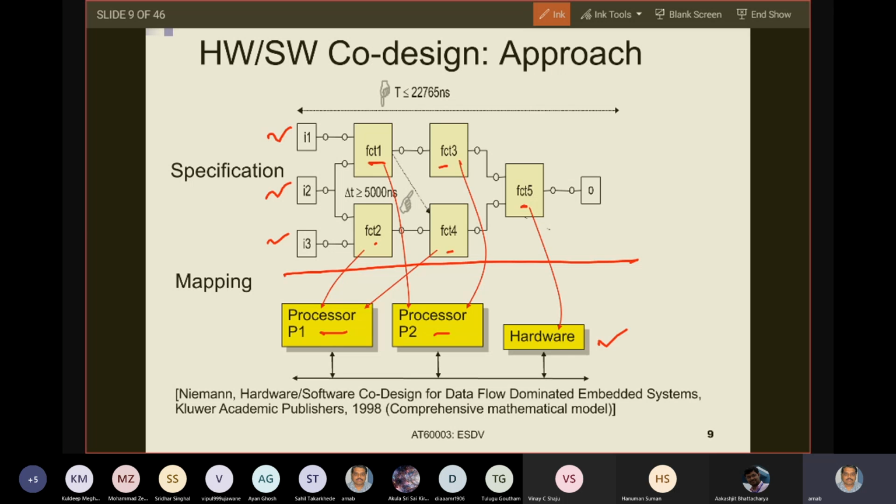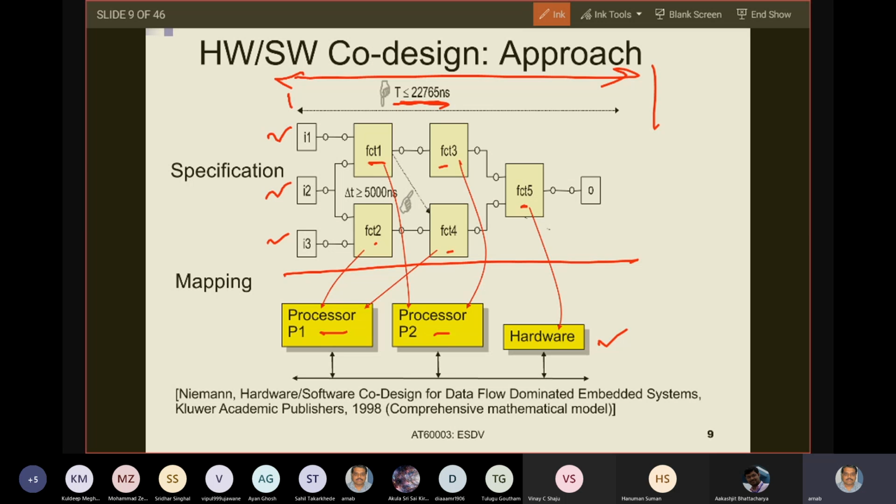The specification for this mapping also gives you certain other things. The requirement, for example, that this function must complete execution end-to-end. For this function, this constraint is there. So inputs to specify design constraints, I told you this is such a design constraint: the end-to-end time delay for this function is at most 22765 nanoseconds.